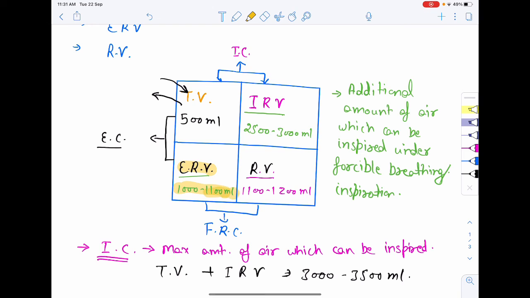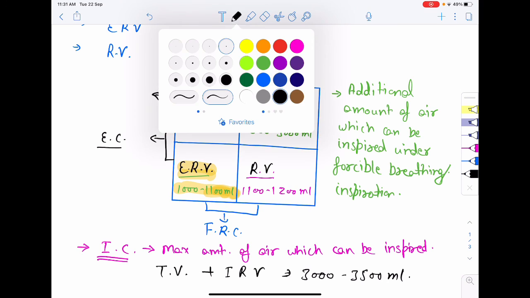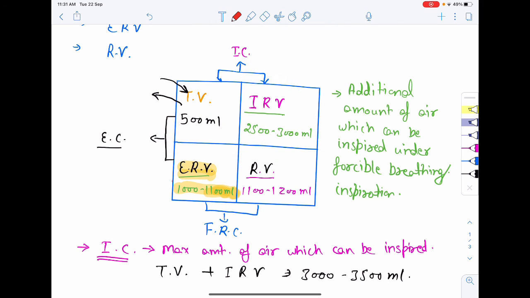So if the person starts inhaling first, it will cover ERV. So we have to calculate ERV, then we'll add tidal volume, which is the normal volume, then we'll add inspiratory reserve volume.